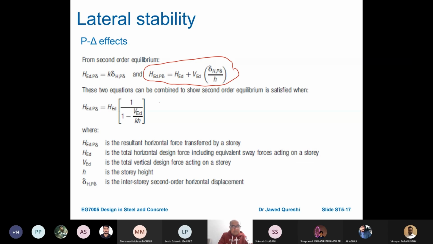Again, if we rearrange this formula, we will come up with this formula where H_ED P delta is equal to this. H_ED P delta is the resultant horizontal force transmitted by each story, and H_ED is the total horizontal force including EHF. This is the resultant force by each story. And V_ED is the total vertical design force acting on a story.